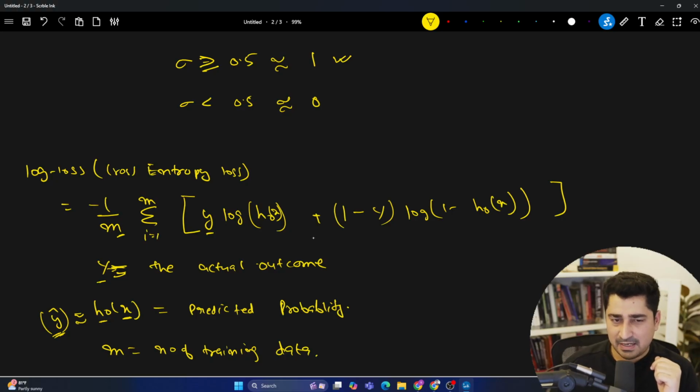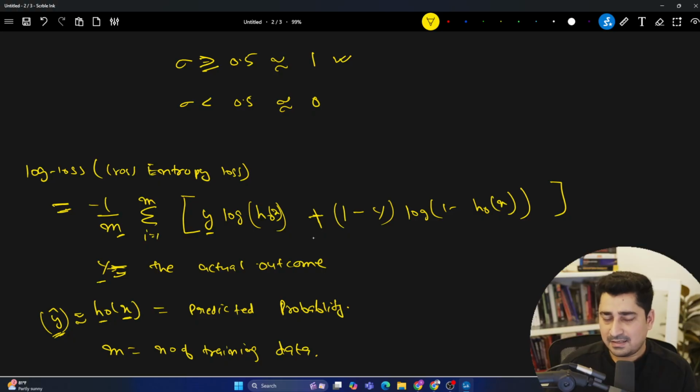Okay. So this is the loss function that we are going to technically use. The expected value times log of the predicted probability plus 1 minus the expected value times log of 1 minus the predicted one. So it's very simple, right? In multiple places, people have made it a little bit tough in terms of understanding or even writing the equation.